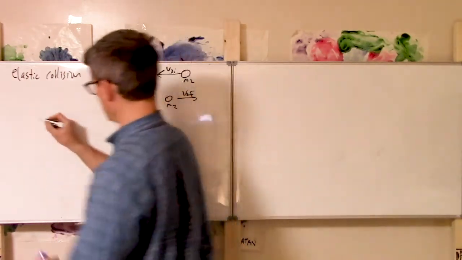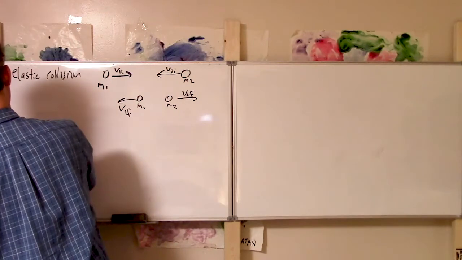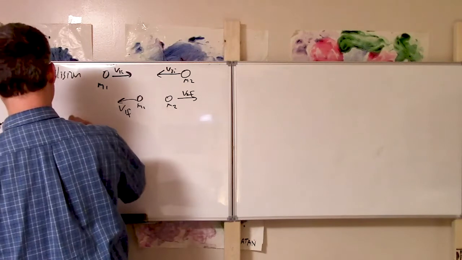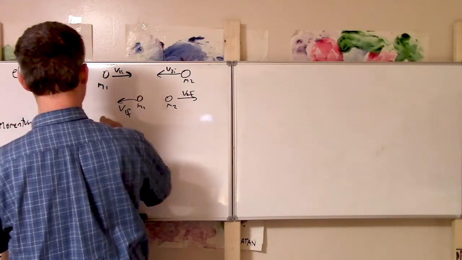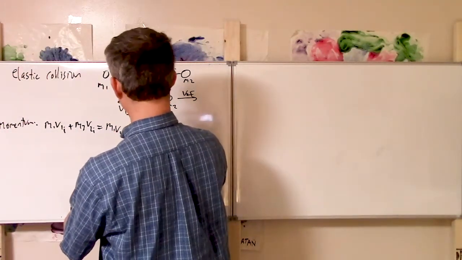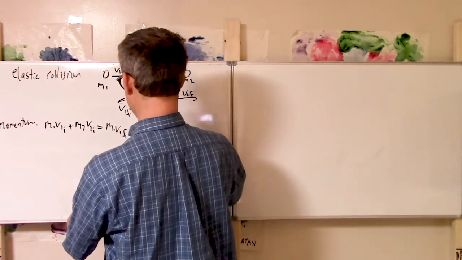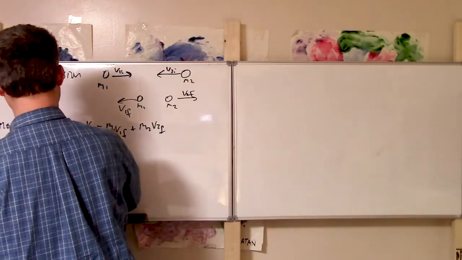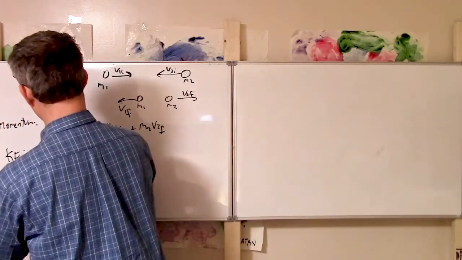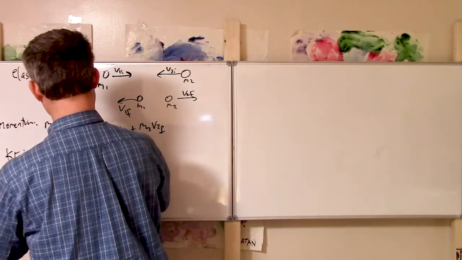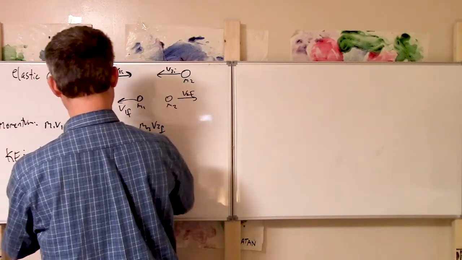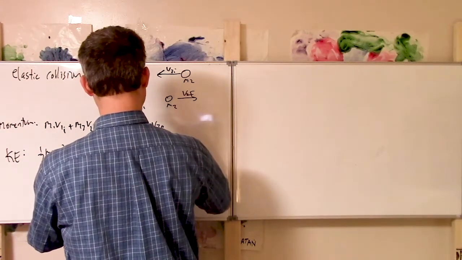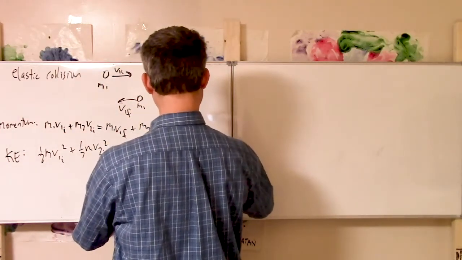As I said, we had conservation of momentum: M1 V1 initial plus M2 V2 initial equals M1 V1 final plus M2 V2 final. And then we have kinetic energy, which is 1/2 mv squared for each of these things: 1/2 m1 v1 initial squared plus 1/2 m2 v2 initial squared equals 1/2 m1 v1 final squared plus 1/2 m2 v2 final squared.